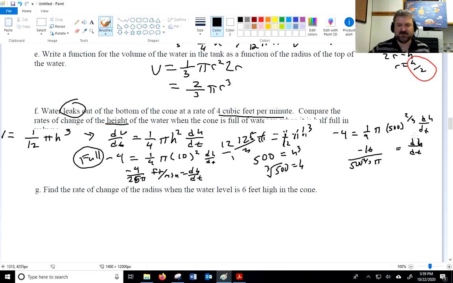Well, which one of these numbers is bigger? Well, I'm actually not sure, but I feel like this number is bigger, or smaller, excuse me. Let's find out. So I'm just going to throw these in a calculator. The first number we had was negative 4 over 25 pi.